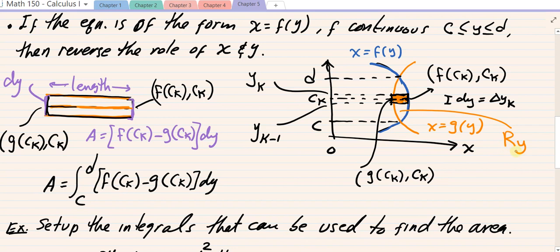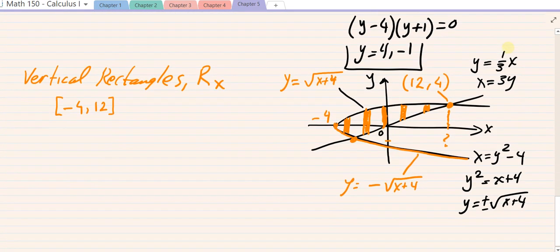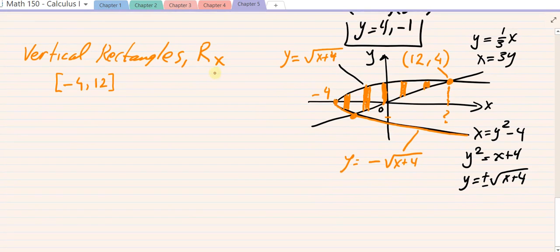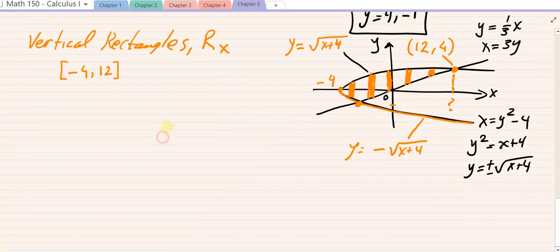Remember, the subscript y tells you that the variable is y, and it also tells you that you use dy. So associate the subscript with dy, and dy means horizontal rectangles. If you associate the x with dx, dx means vertical rectangles. That's how you can keep the notation straight. All right, let's set this thing up.